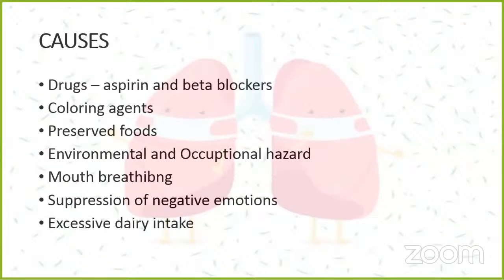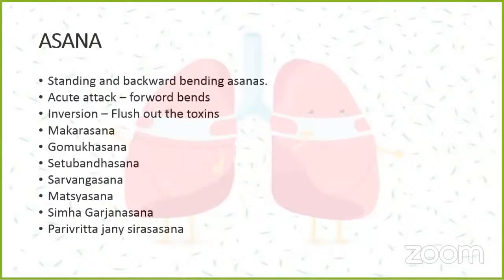So yogic practices for asthma. Here again, the kriyas play the role. Kriyas like Vamana Dhauti, Jalaneti, Sutraneti, all are helpful. Again, in sinusitis it was hypersensitivity of the upper respiratory tract. In asthma, it is the hypersensitivity of the lower respiratory tract.